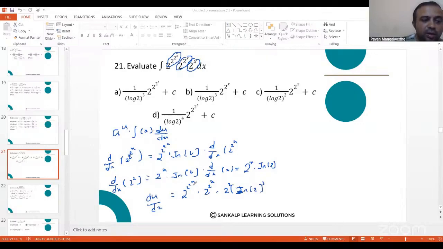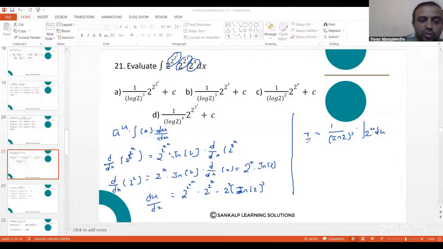Then using this condition, try to get the answer with the shortcut method, that is I is equal to 1 upon the integration of 2 raised to 3 into the integration of 2 raised to u du.